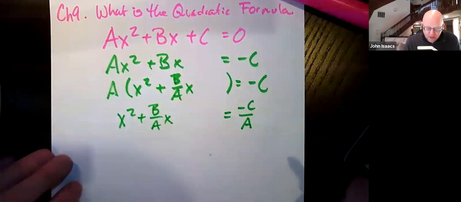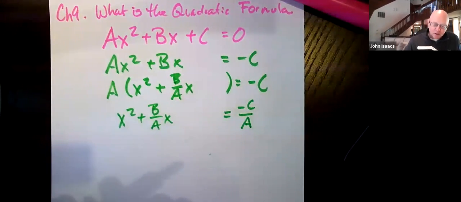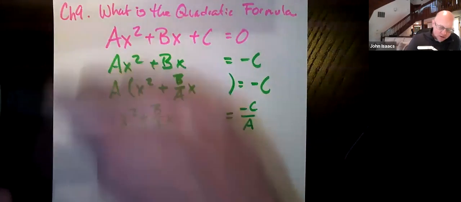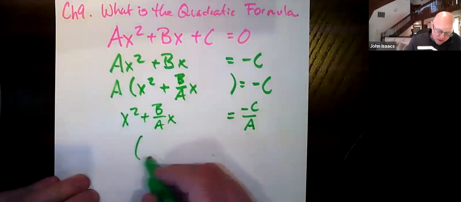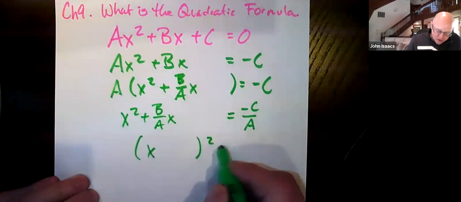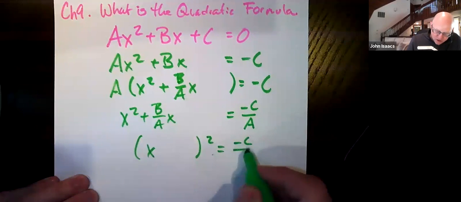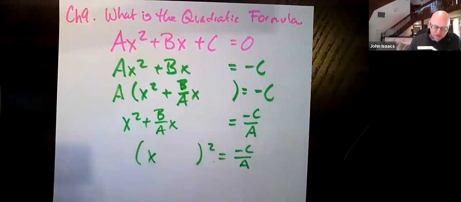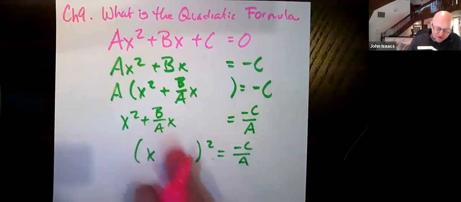Okay, next thing is we're actually going to complete the square. Down here, we're going to have x squared equals negative c over a. And in here, this is where we're going to complete the square. We would need to have half of b over a.